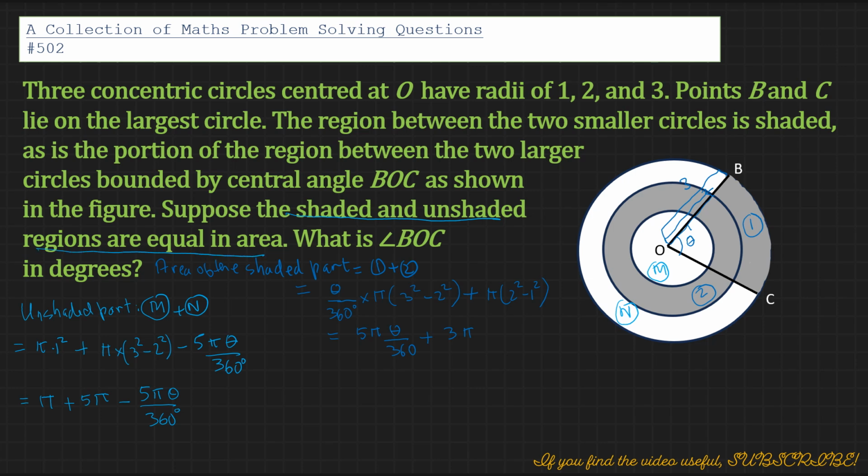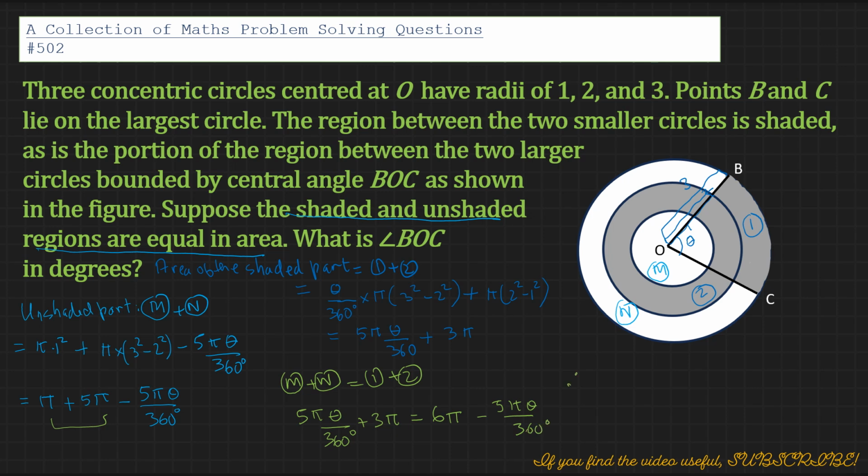Now shaded part equals unshaded part. Shaded and unshaded are equal. So we can say that M plus N equals 1 plus 2. And so we can write that 5 pi theta out of 360 degrees plus 3 pi equals 6 pi minus 5 pi theta out of 360 degrees.